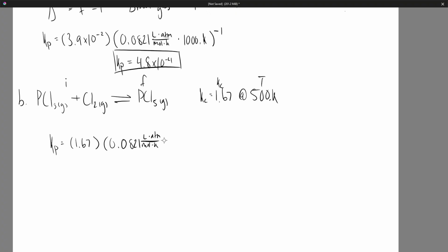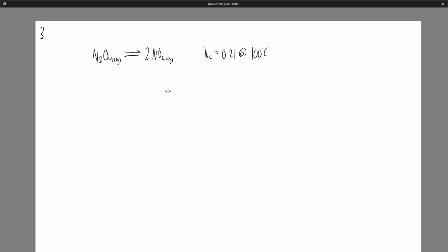That's times our temperature, which is 500 degrees Kelvin, raised to the -1 power. That should give us a reaction constant for partial pressure of 0.0407, and that should be it for this problem.